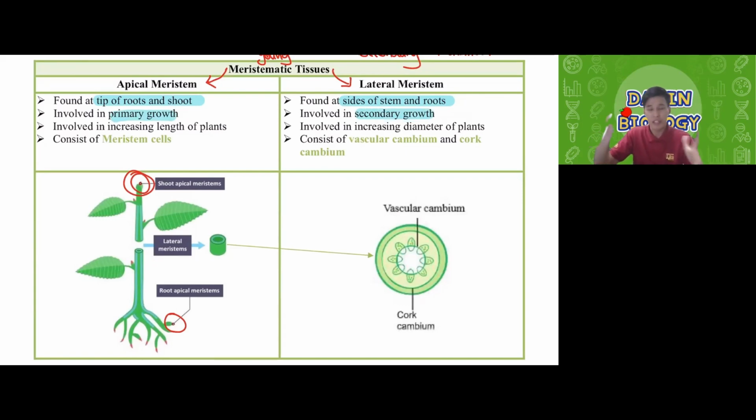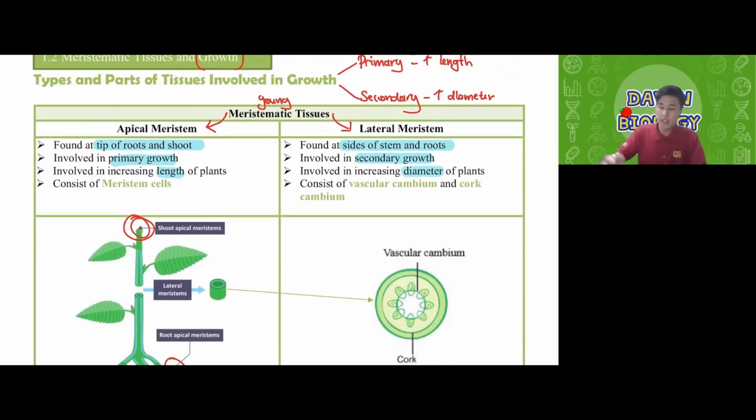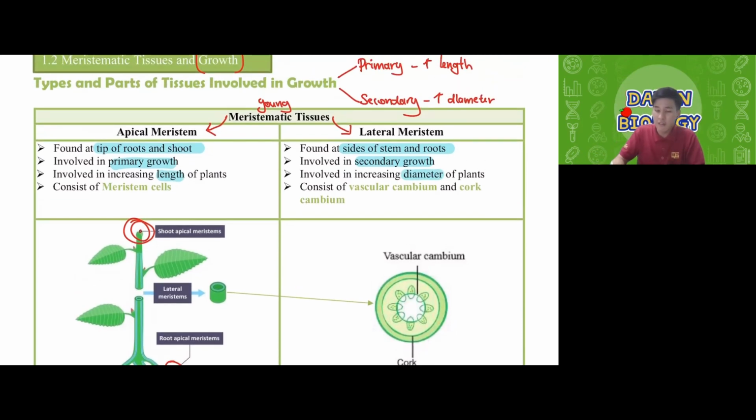So these meristematic tissues, as we mentioned here, increase length and increase diameter, just as we said. Inside these tissues, they have meristematic cells. Meristematic cells are basically the cells that form the meristematic tissue, because a tissue will have the same cells, like muscle tissue has muscle cells, and epithelial tissue has epithelial cells. So meristematic tissue will have meristematic cells.